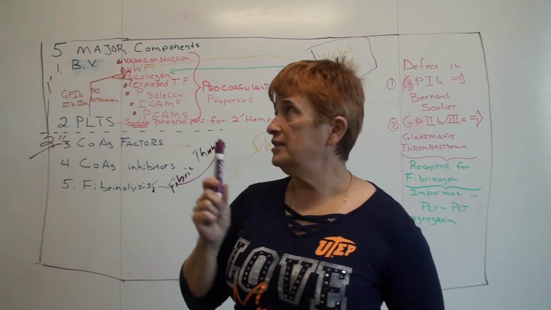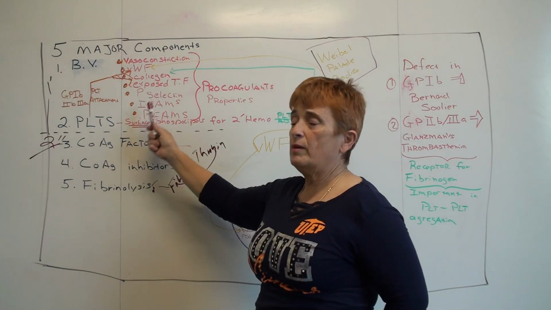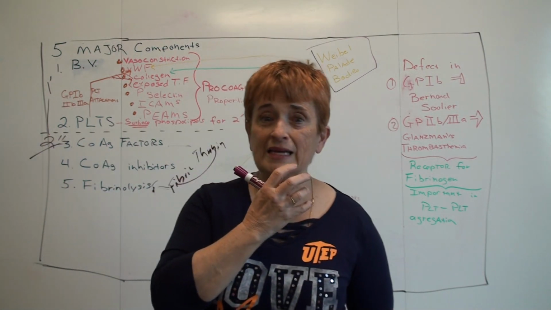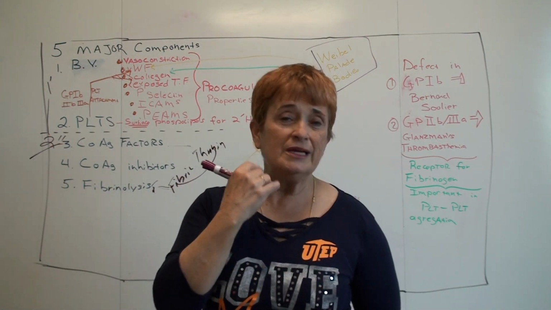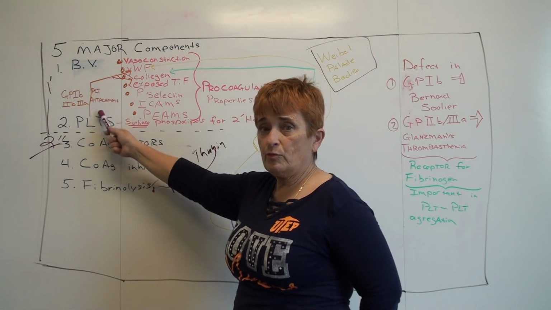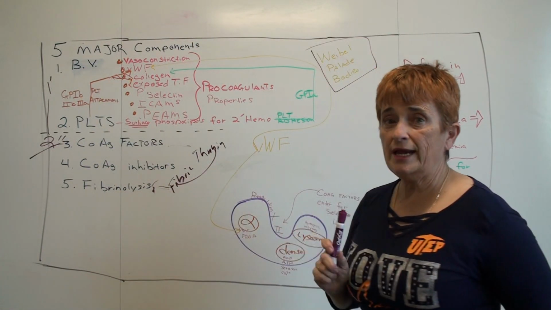And when we have a defect in these receptor sites, remember last time I mentioned mucous membrane bleeding, nosebleeds, bleeding gums, things like that. You're going to have to think that we might have a problem with the attachment of the platelets.